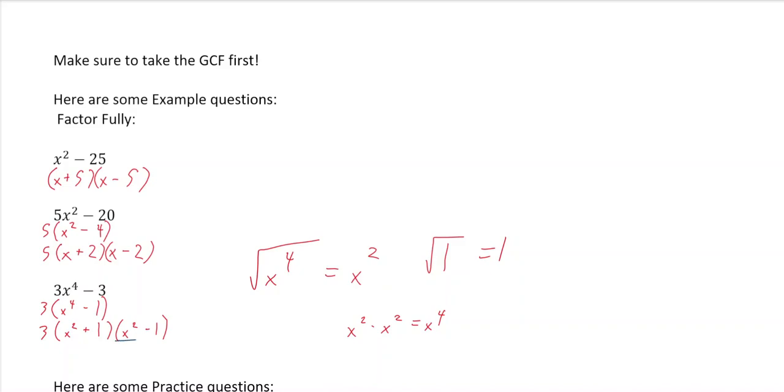I'm going to use blue to just show this. This is also a difference of squares. So the first part is actually going to stay the same. But the second part is what's going to change. This is going to be now x plus 1 and x minus 1. And that is it fully factored.